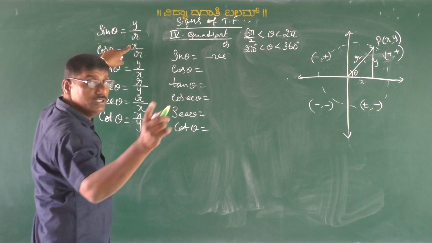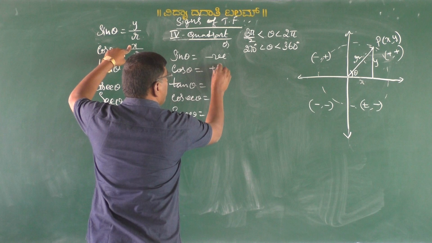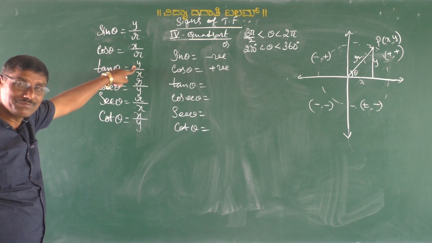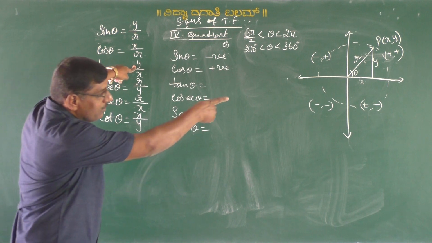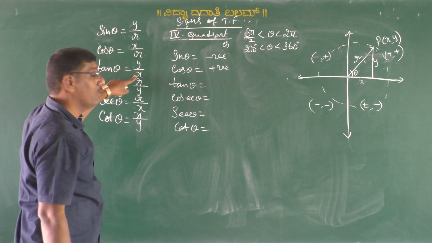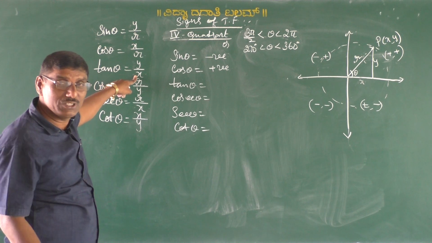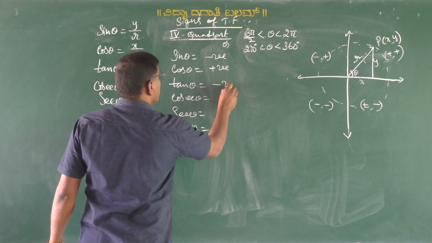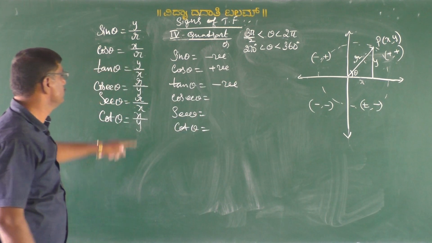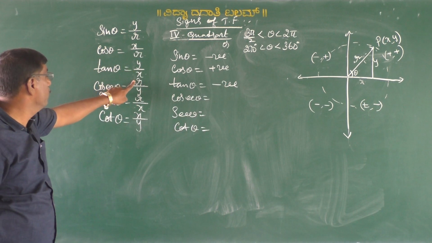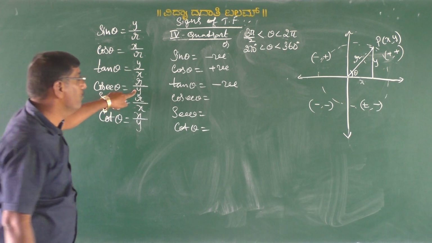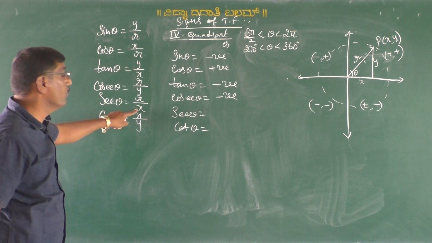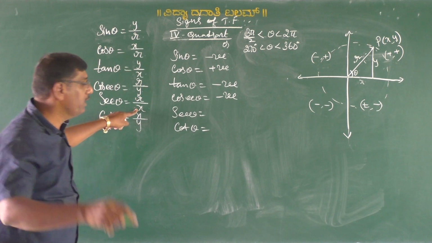X is positive and r is positive, so we get positive. Negative by positive we get negative.